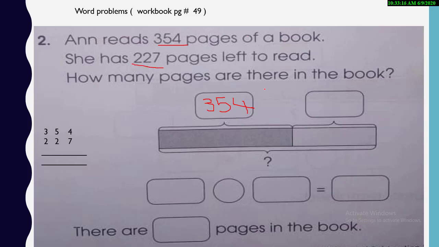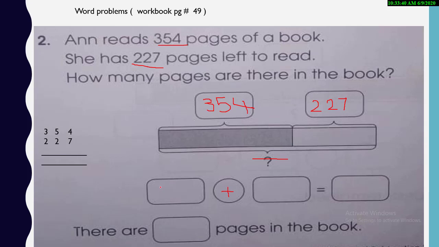And these are the pages that are left, but see, the left is still not used for subtraction because they give you the value of the left. And look at the bar model. The total value is to be found. Sorry, this line is drawn over here by mistake. So what are we going to do in this word problem? We are going to add it.